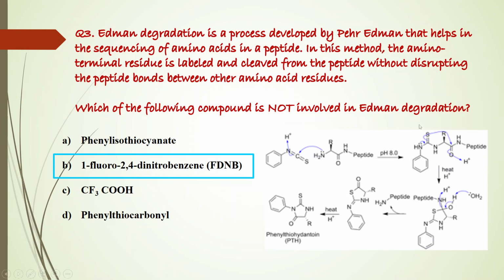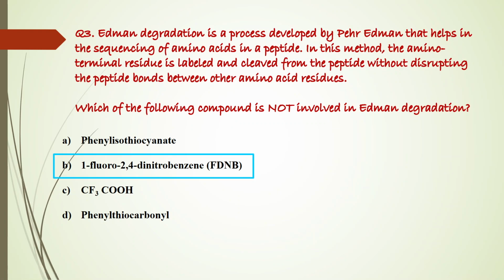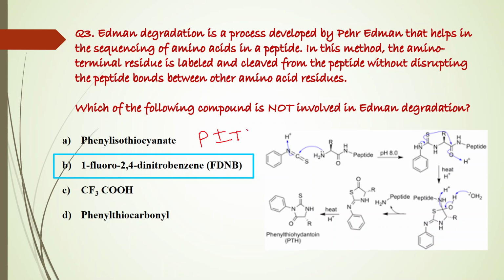Basically what we use in Edman degradation is phenyl isothiocyanate, also known as PITC. So this is our phenyl isothiocyanate. The first step happens under slightly basic conditions. So in Edman degradation, phenyl isothiocyanate or PITC is involved.